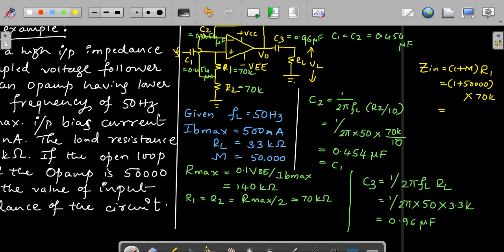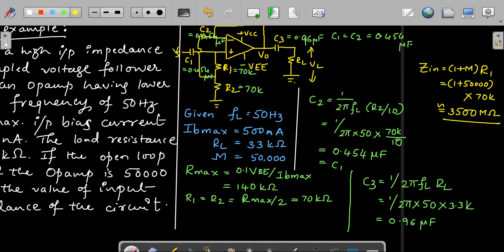So it comes around 3500 mega ohm, approximately. Please check this, approximately 3500 mega ohm.